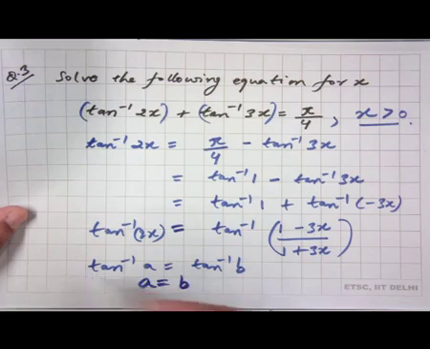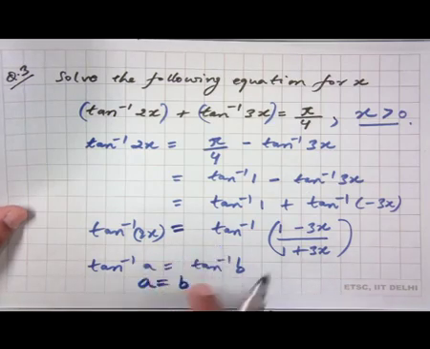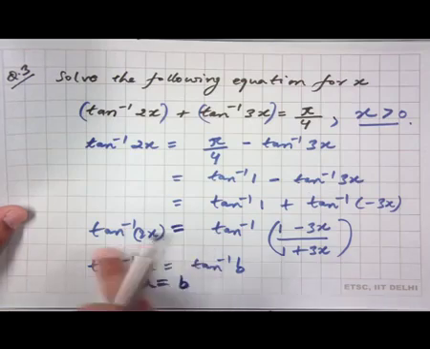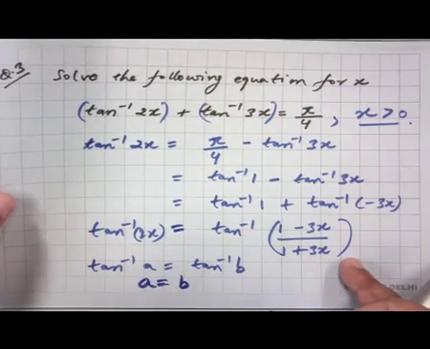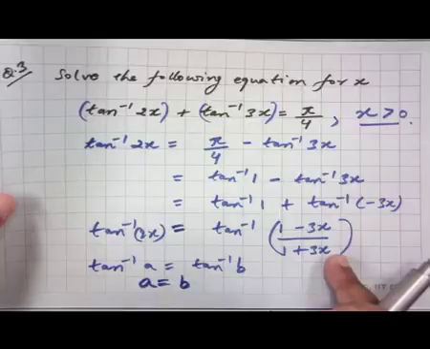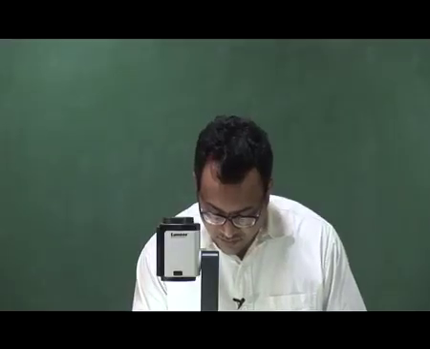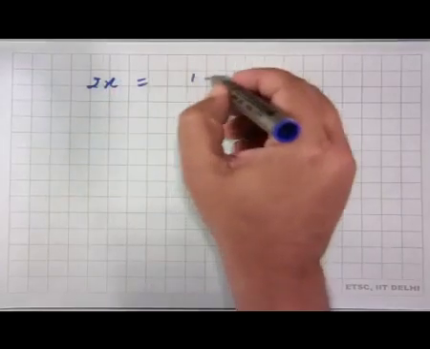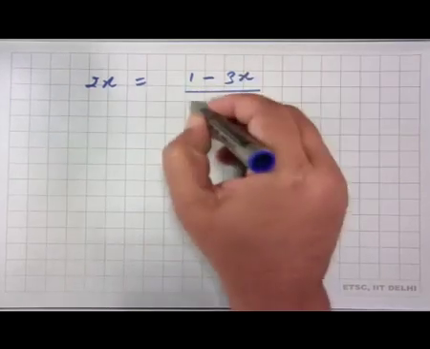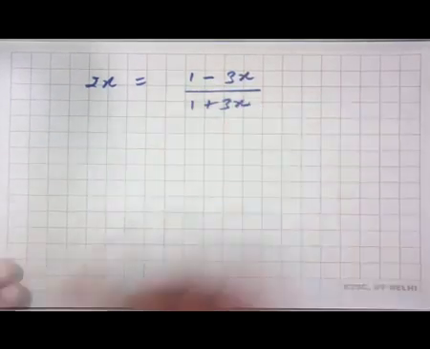Therefore, using this fact, it follows that this is true if and only if 2x is equal to (1 minus 3x) over (1 plus 3x).